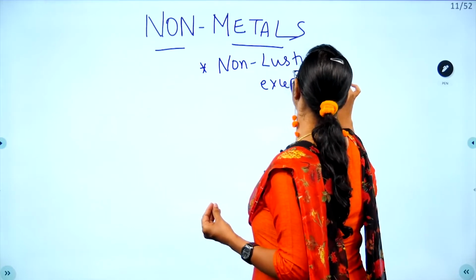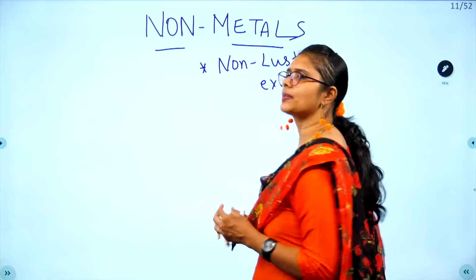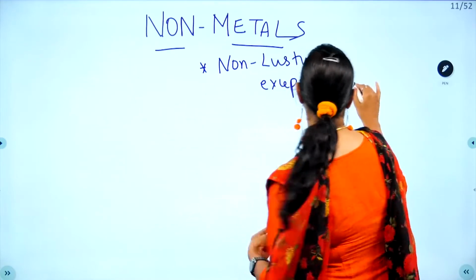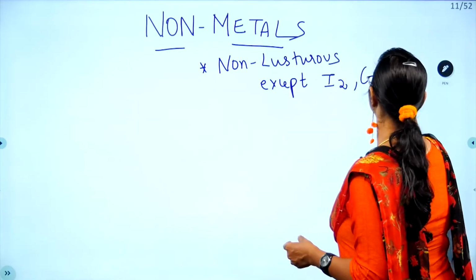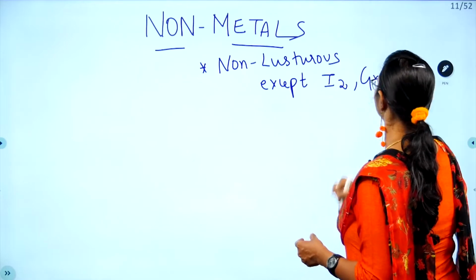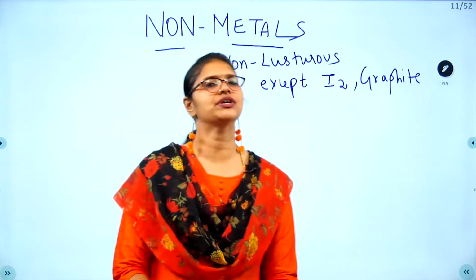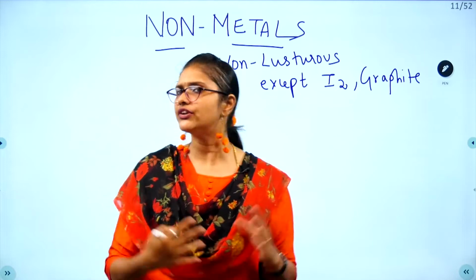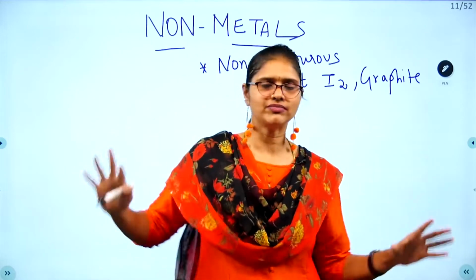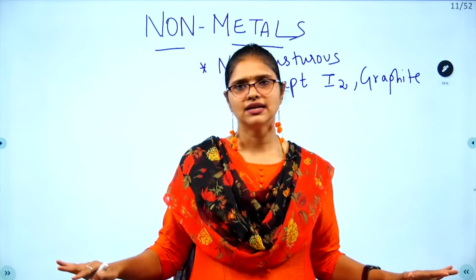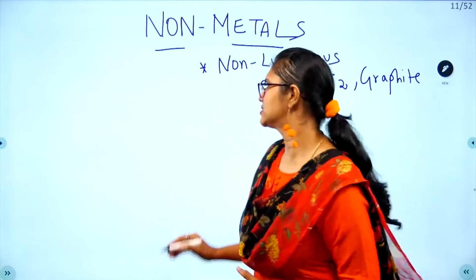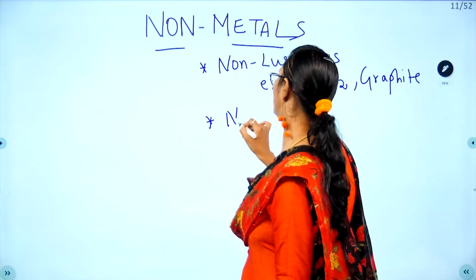Except iodine. You can tell graphite, right? Graphite is lustrous, iodine is lustrous, but these are the exceptions. Apart from that, generally non-metals are non-lustrous, they are non-malleable.